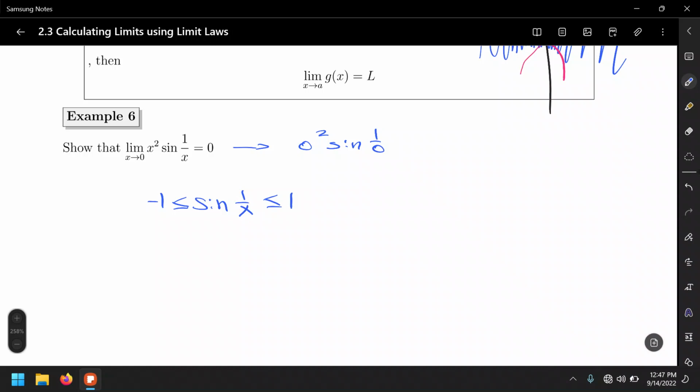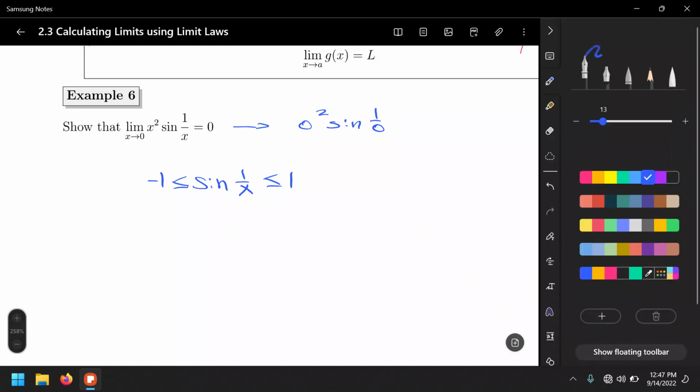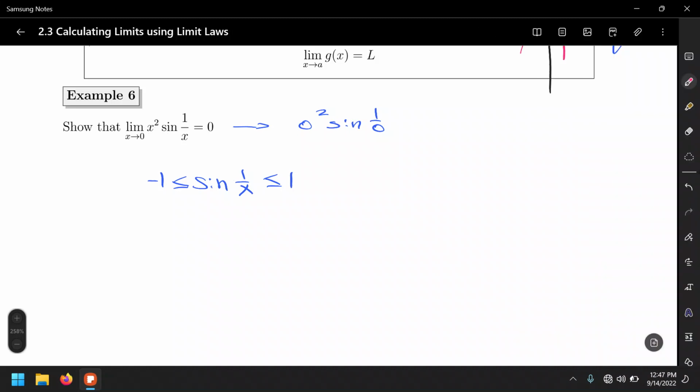All right, now we're going to manipulate this three-sided inequality. We want to make sure that the term in the middle looks exactly like the limit we want to compute. What would you do on the three sides of the inequality to accomplish that? When we compare these two, what's missing? X squared.